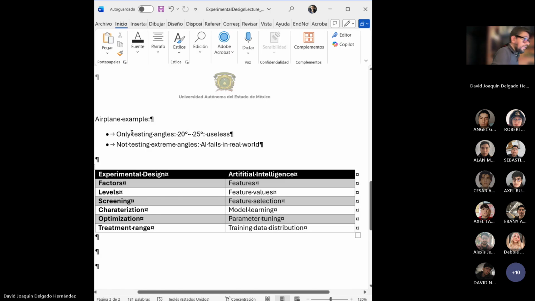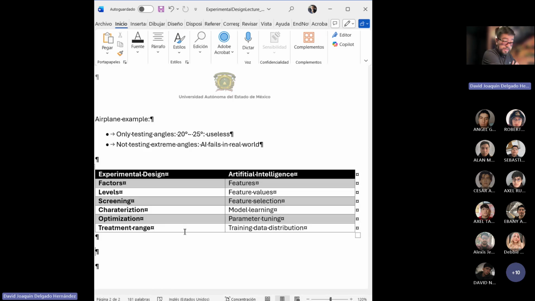So this is how you, as an artificial intelligence engineer, are going to use the experimental design in practice in real life. Okay, so you have to design an experiment, as I said, but the equivalent in artificial intelligence, they are very similar, right?